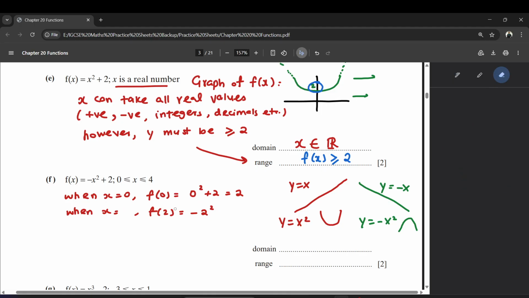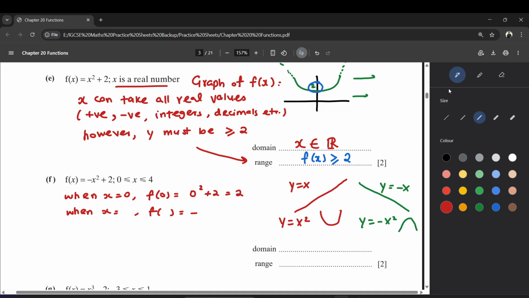The value that we have to take is 4, not 2. So when x is equal to 4, f of 4 is equal to minus 4 square plus 2. That would give me minus 16 plus 2, and therefore that would be minus 14.